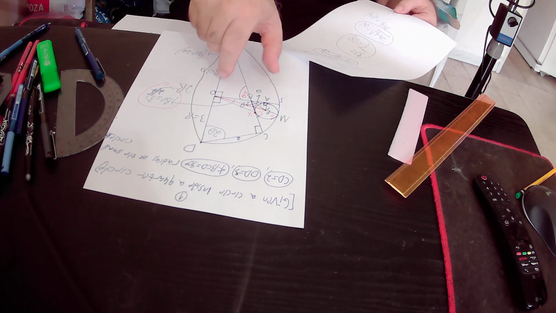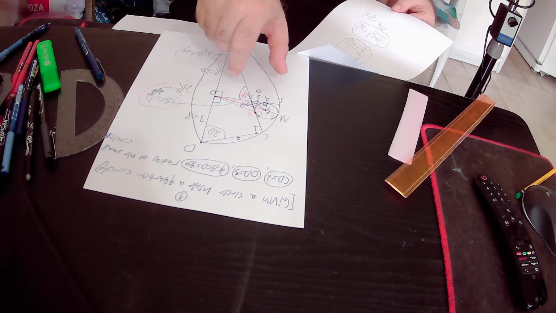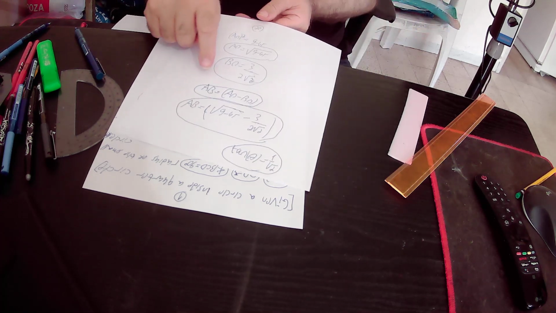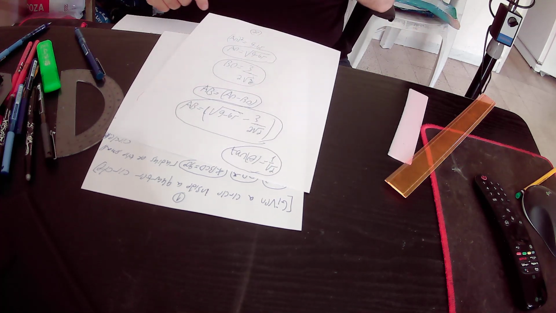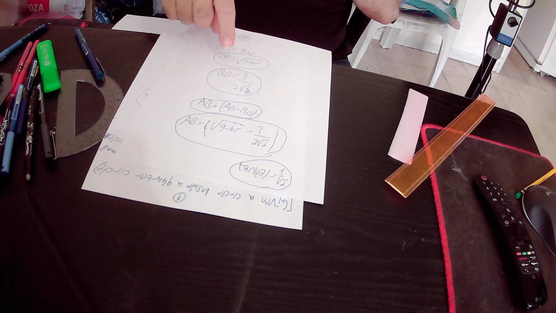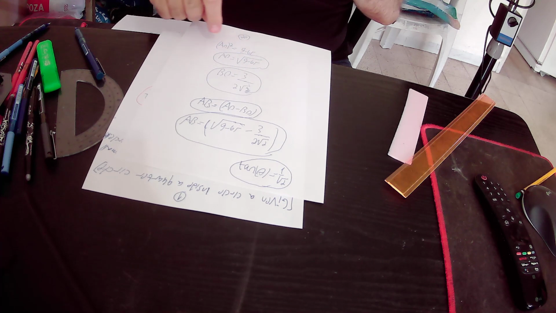And what is the size of AB? AB equals AO minus BO. So AB equals this expression, the value of AO minus the value of BO.